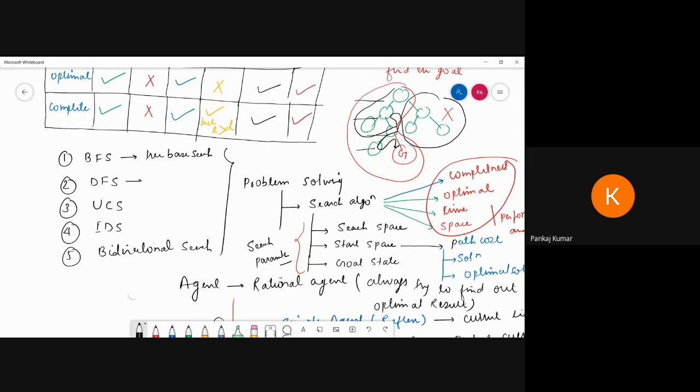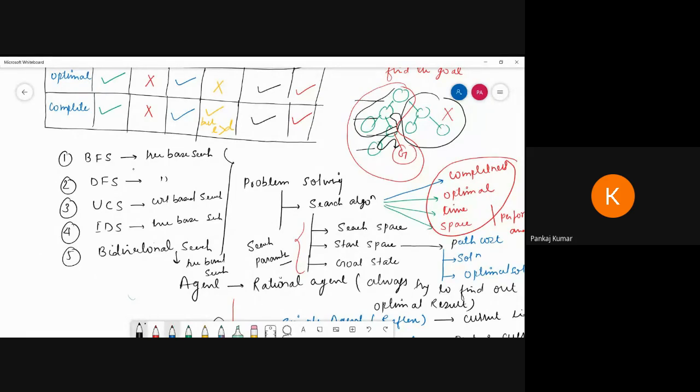Similarly, this one is a tree-based search, this one is a cost-based search, this one is also tree-based, and this one is also tree-based. Among these, one is cost-based and all the others are tree-based.